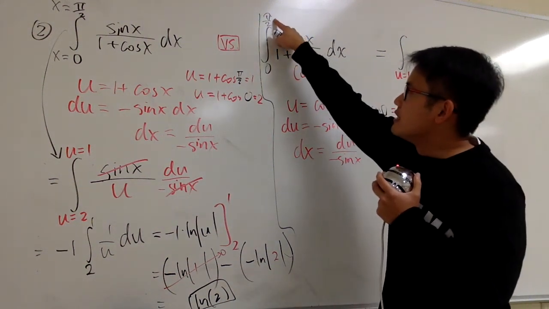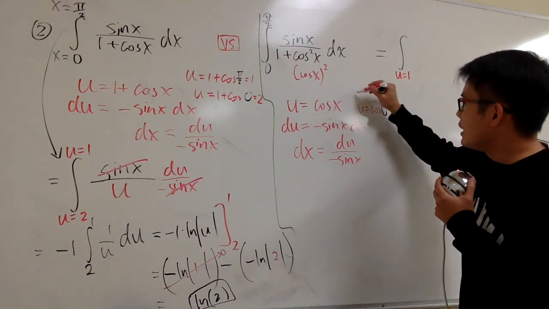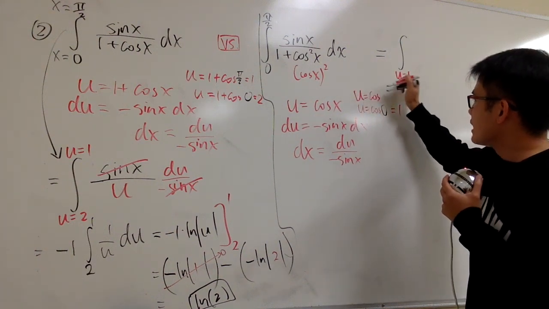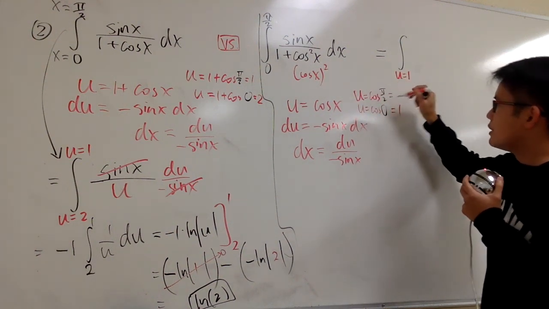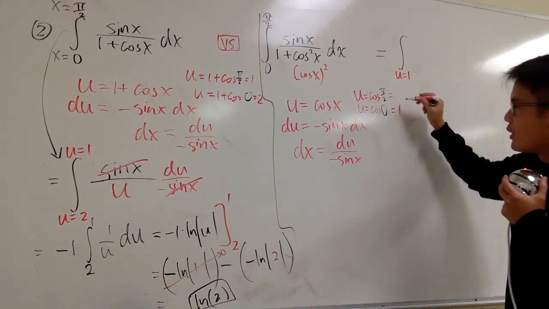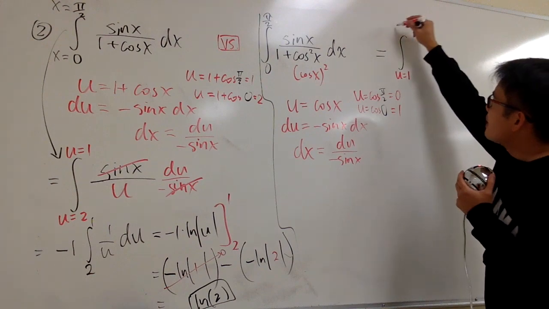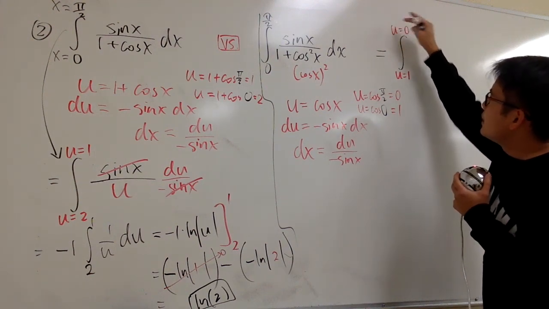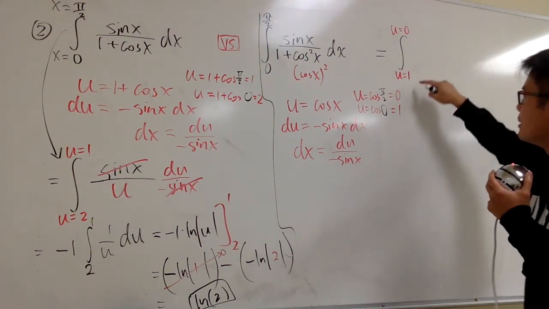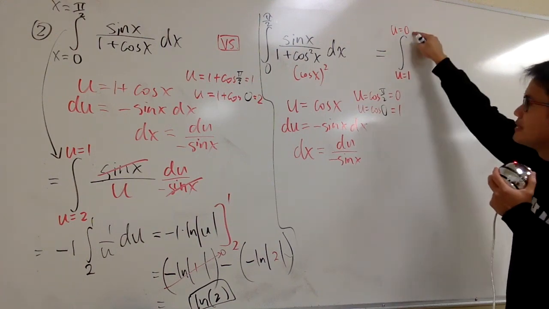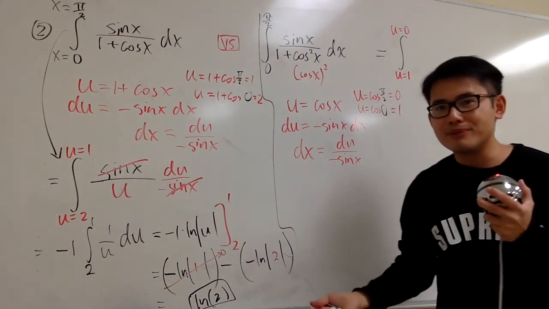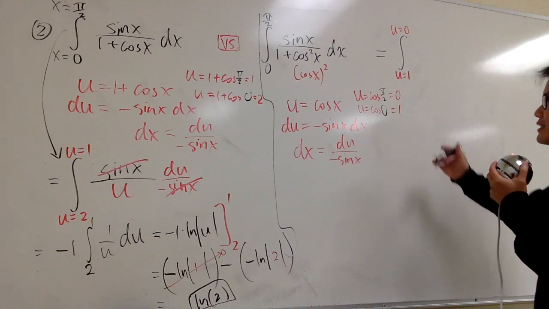And when x is equal to pi over 2, plug into here, we get u equal to cosine of pi over 2. Cosine of pi over 2 is 0. So the bottom here is 1, and the top is u equal to 0. And once again, the number is big on the bottom and small on the top, but it may happen, right?